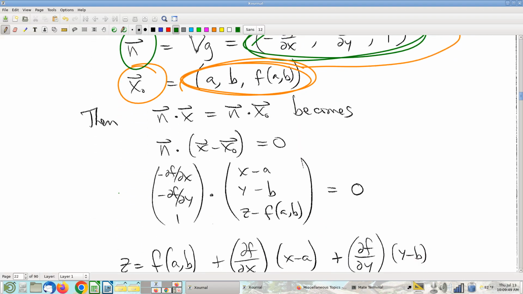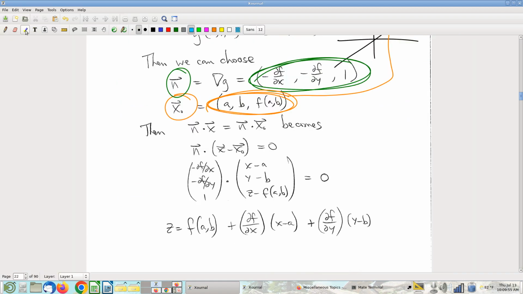And everything else, I'm going to let y'all read these details. This is just a little bit of algebra, but you take the normal vector. Let me zoom out so we can see it. Take the normal vector that we just decided on. We dot with x minus x naught, being this point that we just decided on.